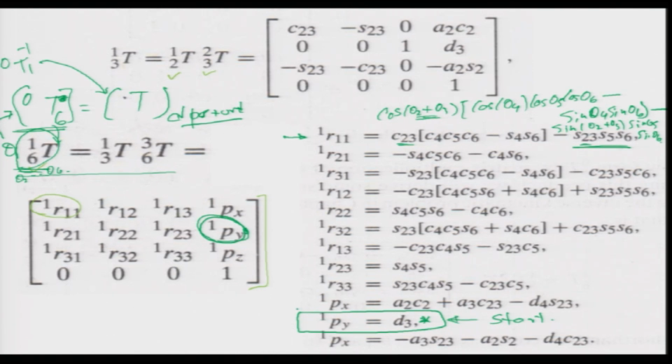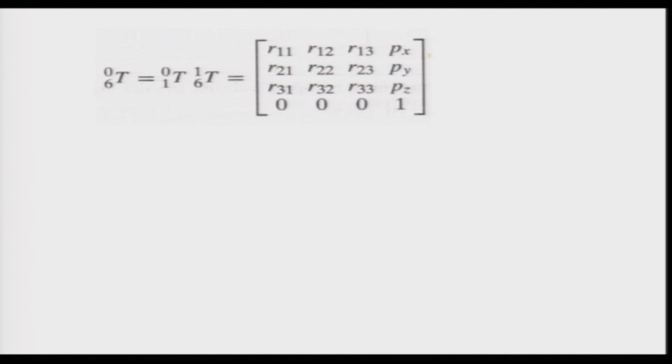We observed that if you multiply out this transformation matrix 1 to 6, you end up with a term P1y, which only has a d3 there. Everything else has a sin and a cos. So, we start from here, and this is my 0 to 6 matrix. 0 to 1 and 1 to 6 is given by here.